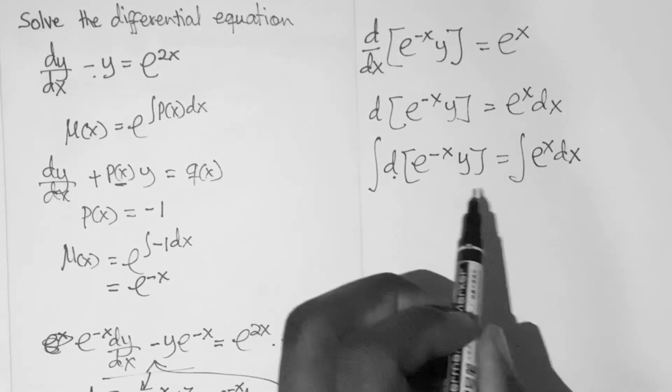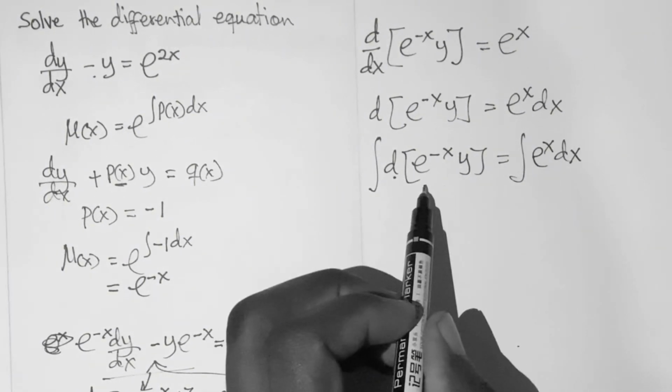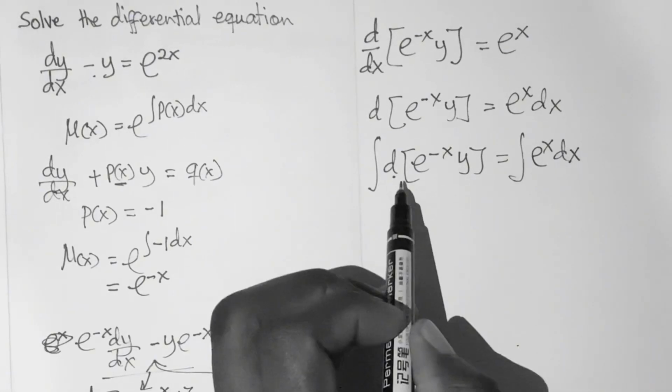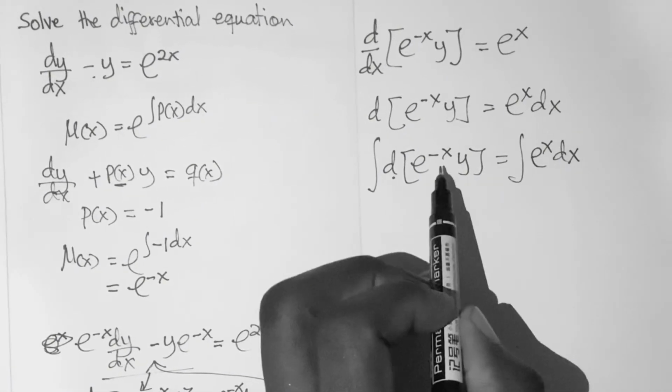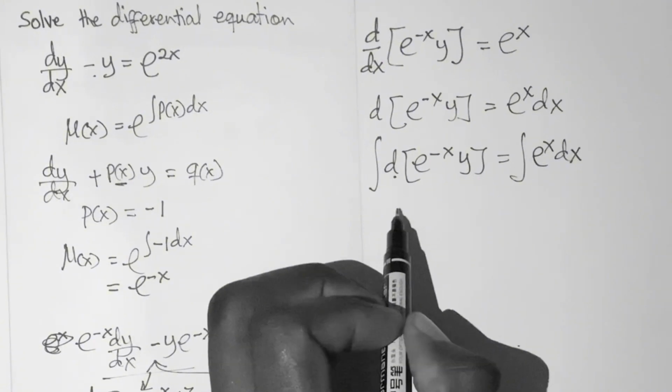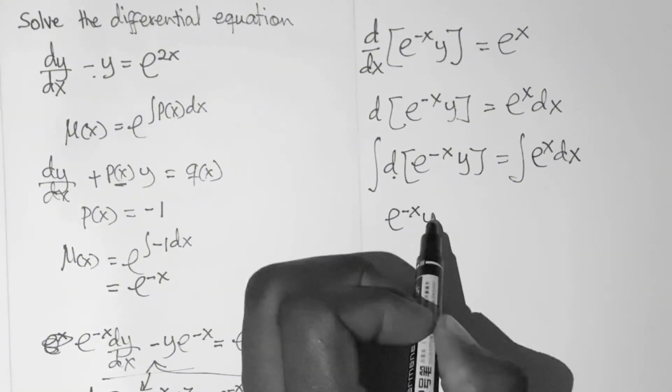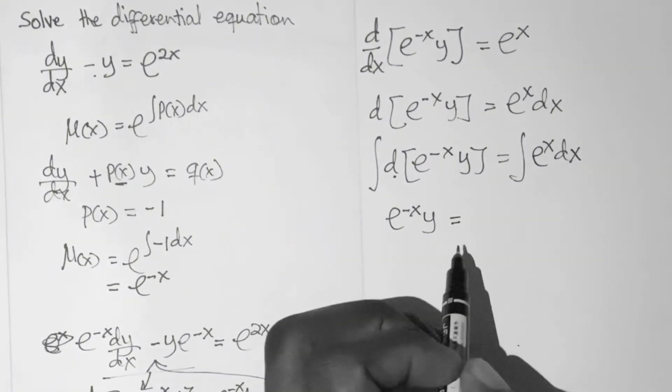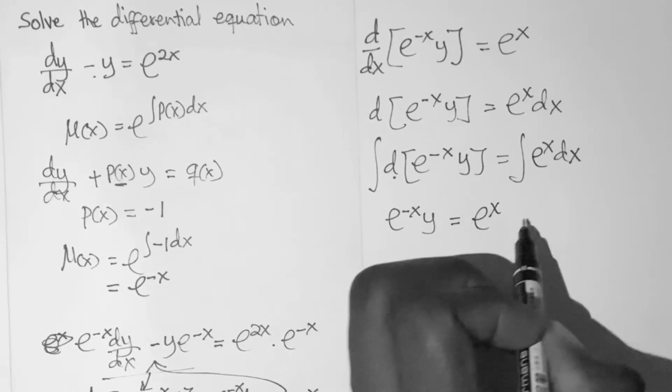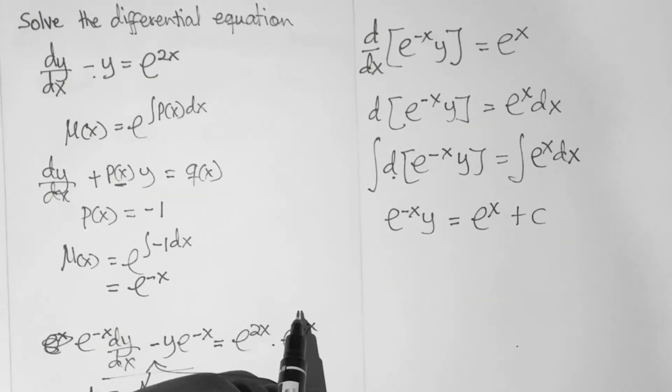I have already done a video on it. I'll link it in the description. So the integral of the differential of e^(-x)y is equal to e^(-x)y equals, if you integrate e^x, e^x plus the constant of integration c.